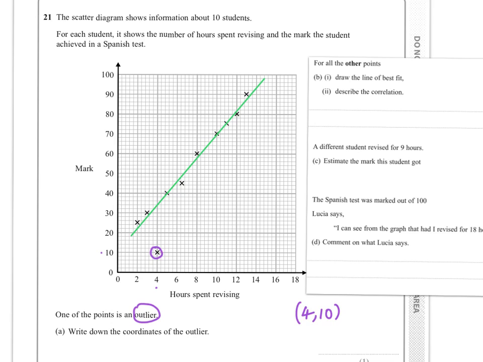And then, so I've done the line of best fit, and I'm going to describe the correlation now, the correlation between the hours spent revising and the mark. It seems to say here that the more hours spent revising, the higher the mark gained. So we could say a strong positive correlation.